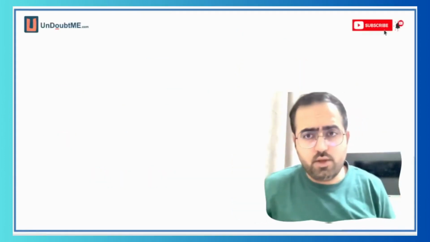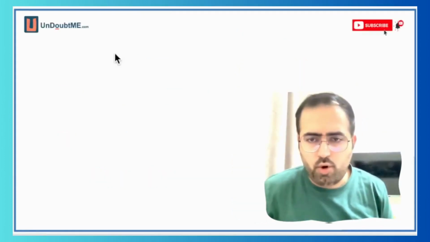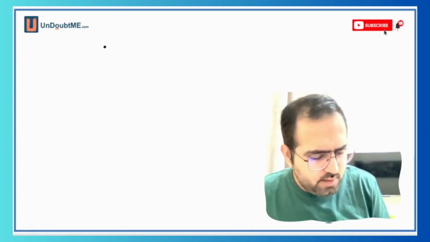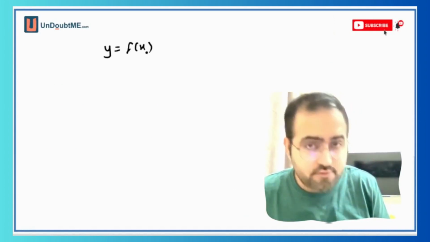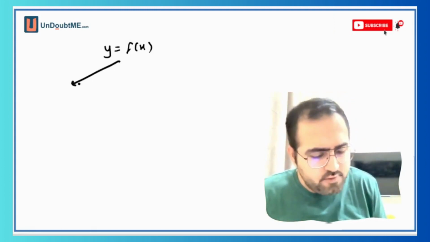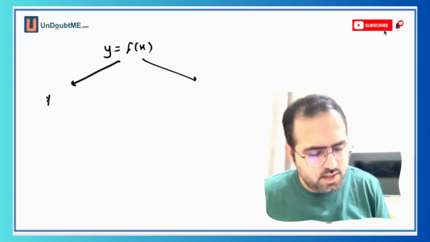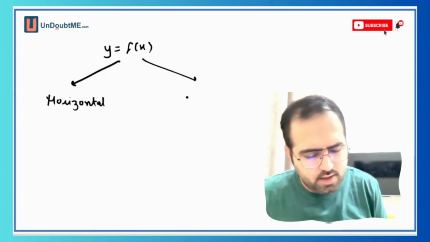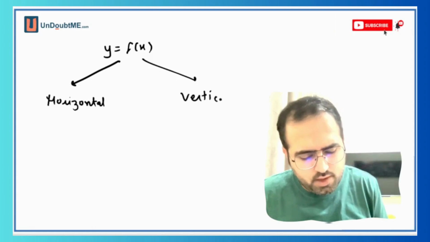So now we'll start with the very basics. If I say y is equal to f(x) as a function, then it can have broadly two types of transformation. One is known as horizontal and one is known as vertical.